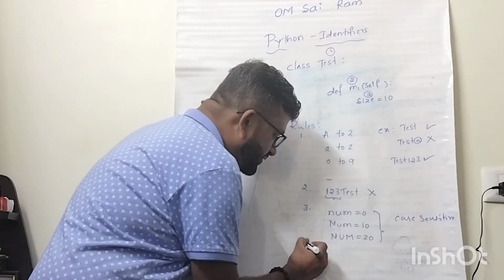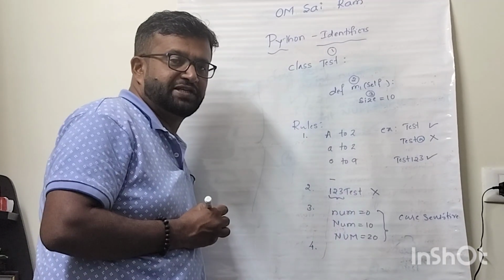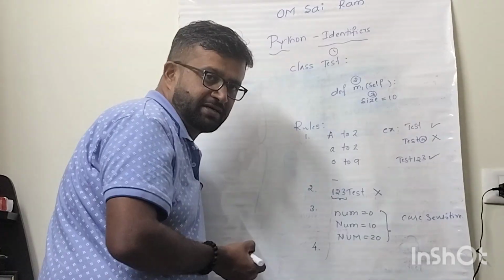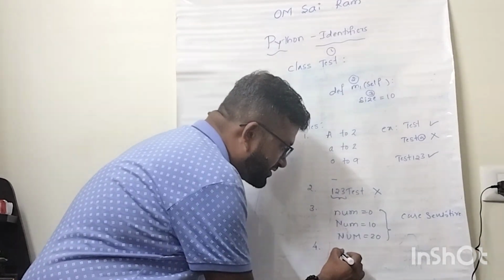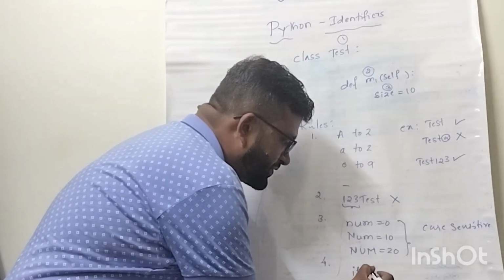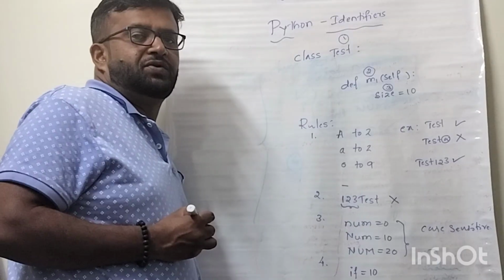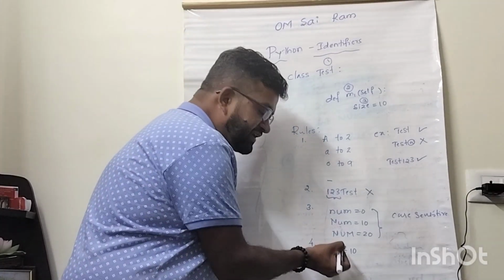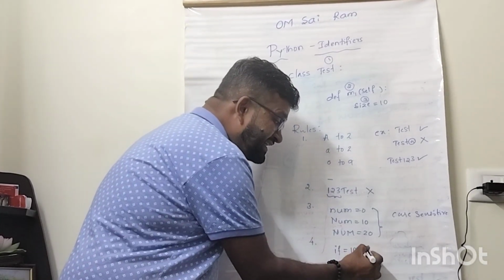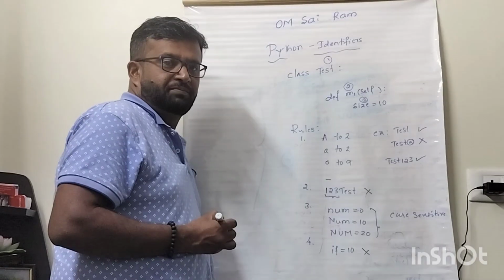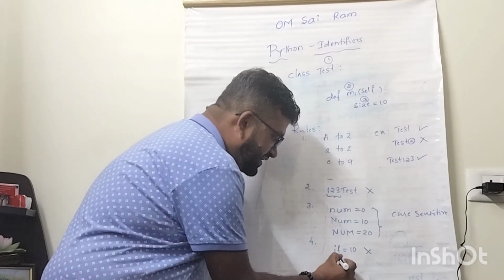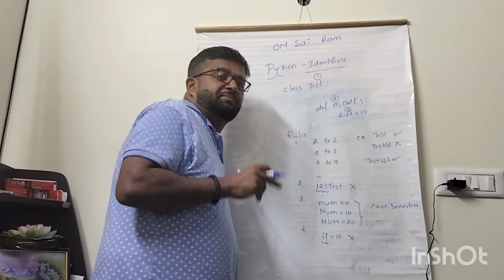And the fourth rule: for example, I will create a variable called if equal to 10. Is this valid or invalid? This is invalid, because if is a reserved word in Python.